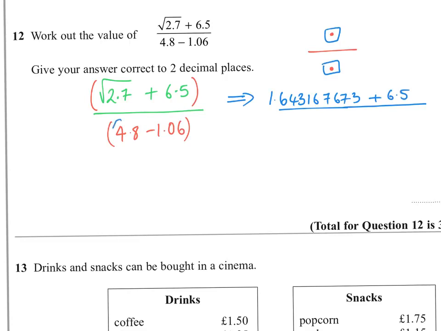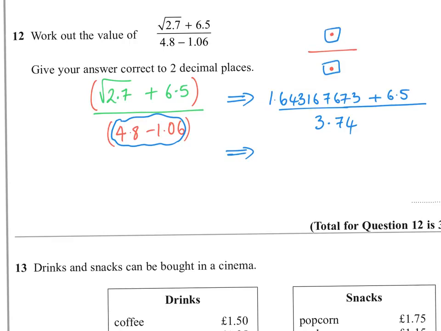And then separately, I'm going to do the denominator. So I'm going to do 4.8 minus 1.06, and that gives me 3.74. Now I'm going to just clear up this part here.